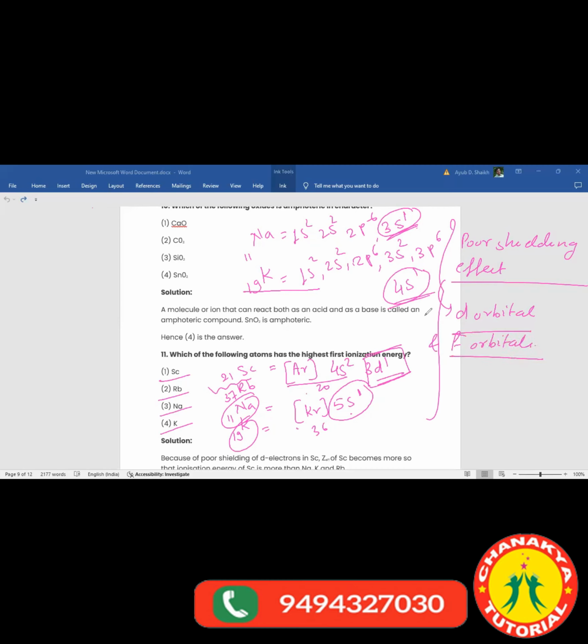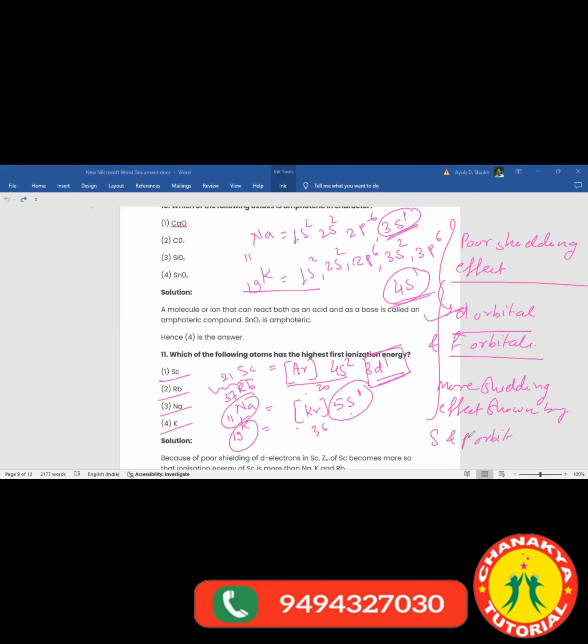Among these, only d is present in the scandium, and the rest are all s. And more shielding effect would be shown by s and p orbitals. That is also to be written down. More shielding effect shown by s and p orbital.